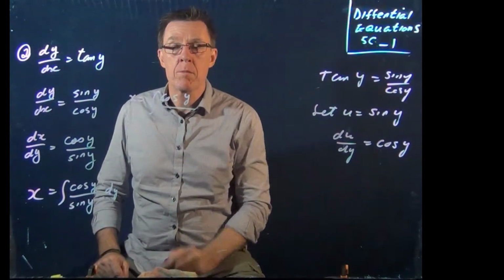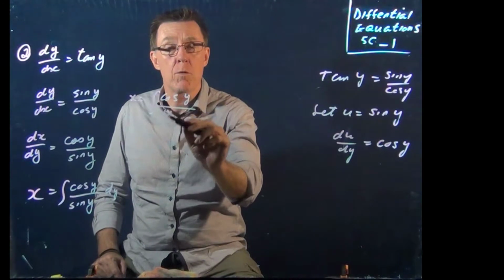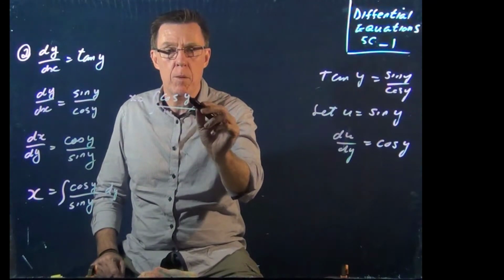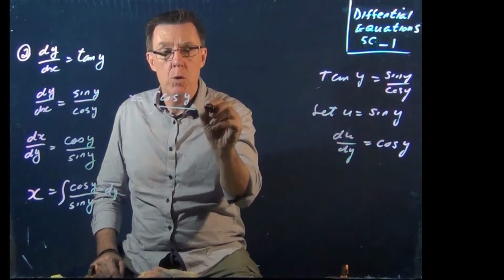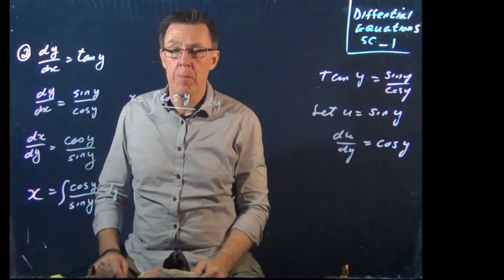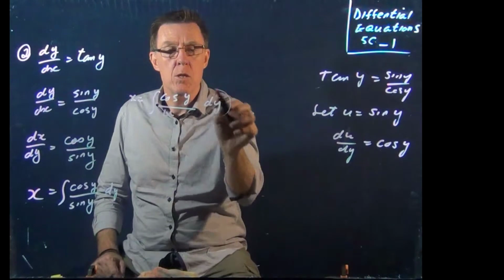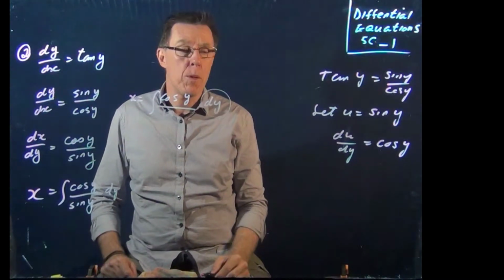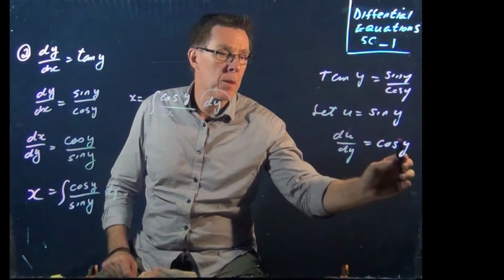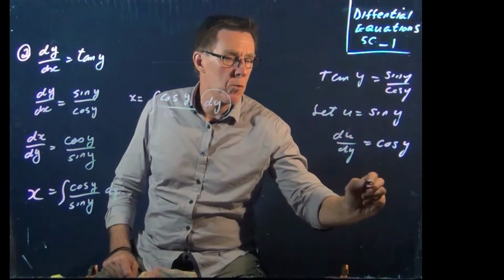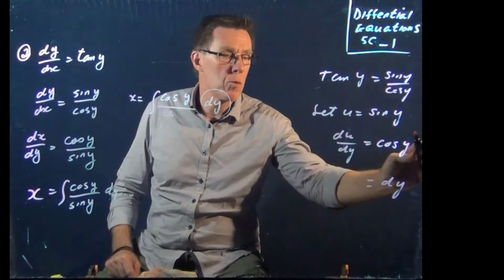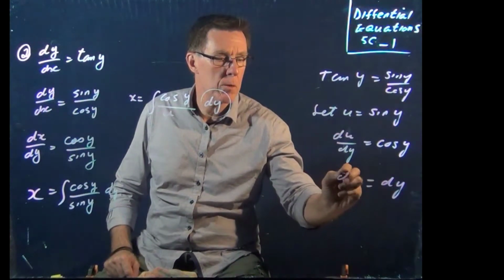When I'm now doing the integral, I've got two variables here, and that's a problem. The integral is with respect to y, but I've got this u. So what I'm going to do is take this dy out and put a replacement value in, which I'm going to get from over here. I'm going to rearrange this to make it read dy equals, so bring it to the right, and cos y comes back to the left.